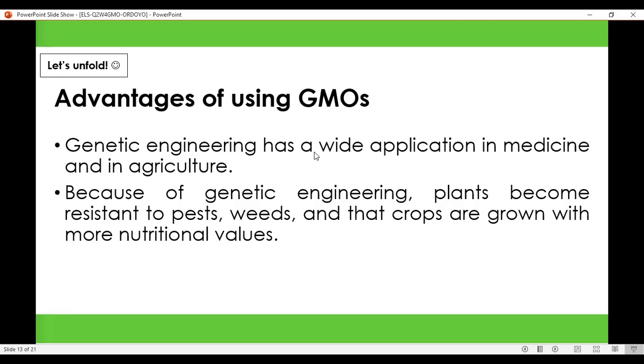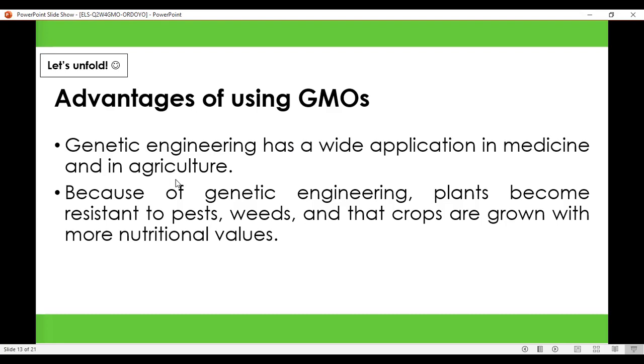Okay. Thank you for sharing, Mr. Farhan. Very good that you have an idea and you're familiar with GMO. But why did GMO come to exist? It's simply because of the technology. Genetic engineering already has a wide application, not only in medicine but also in agriculture.